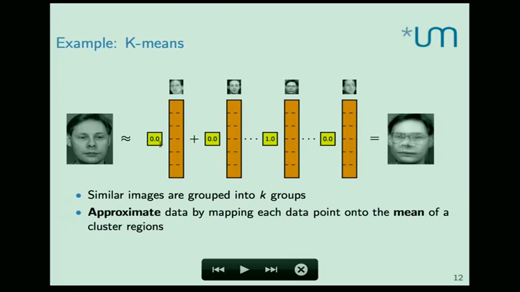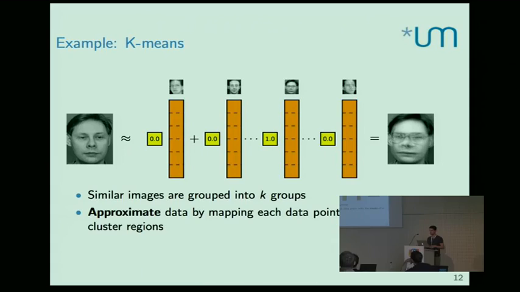In the linear combination, all of them are 0 except for one, which is the one closest to the original data point that we put in. And then we reconstruct it by just taking this one. So it's 1 multiplied by this one here, and then you end up with some representation or approximation of a facial image.